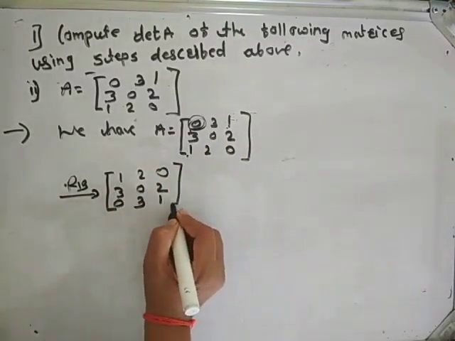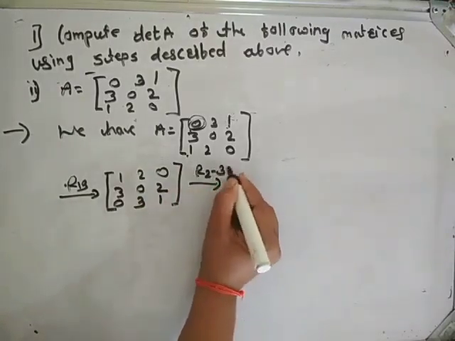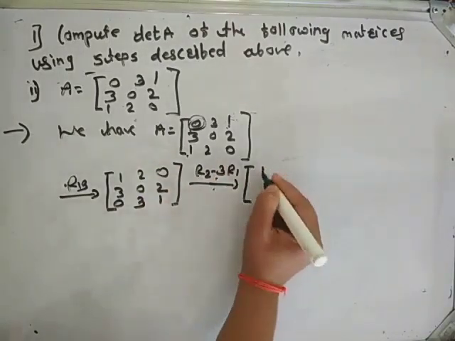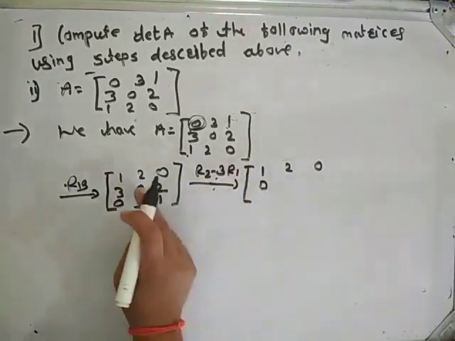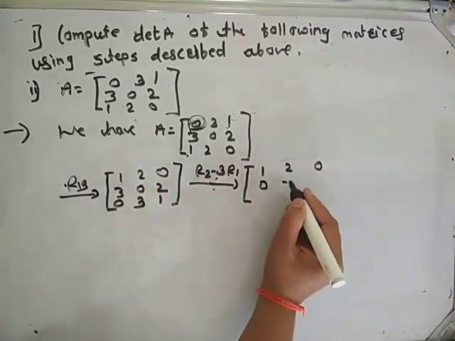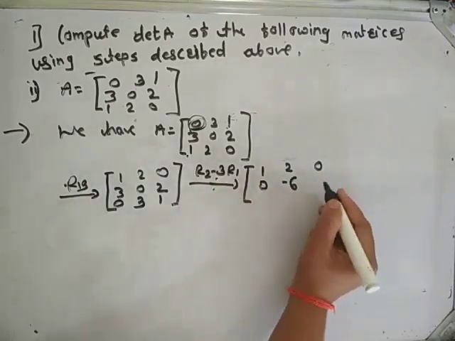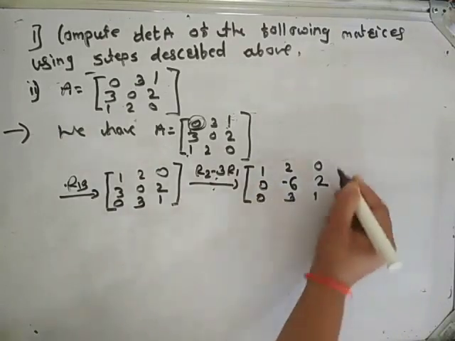Next, perform a row operation R2 minus 3 R1. Matrix 1 2 0, 3 minus 3 is 0, 0 minus 6 is minus 6, 2 minus 0 is 2, and 0 3 1 as it is.